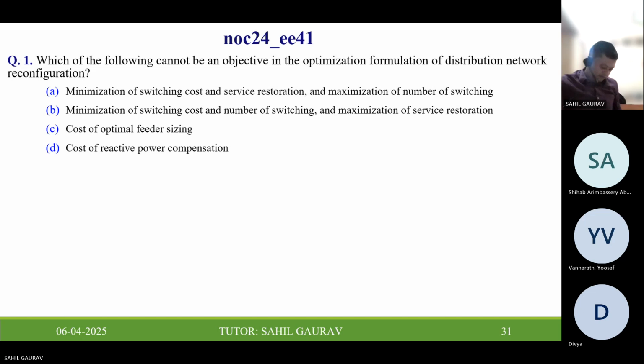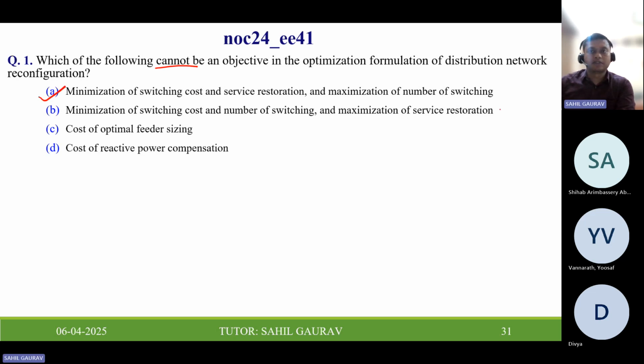Should be B, minimization of switching cost and number of switching and maximization of service restoration. How can B be true? That's the opposite. Should be A. Yeah, A is correct. Here it is asking for what cannot be. So A is the correct answer.